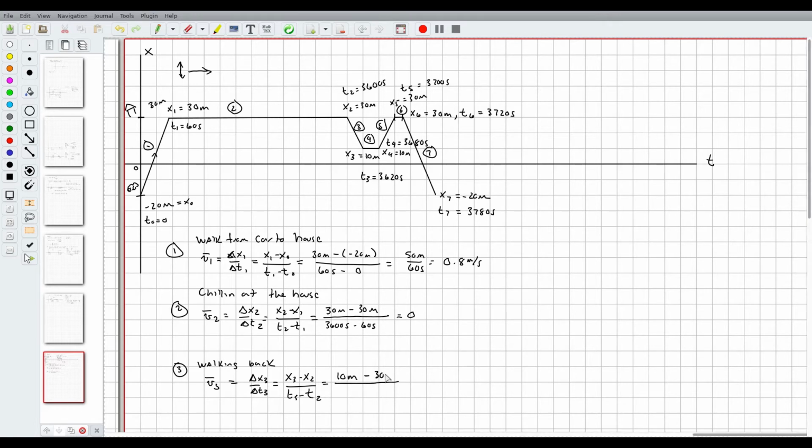That's 30 meters. What's t3? T3 is 3620 seconds. And what's t2? Well, remember, when we left the house, 3600 seconds. So 10 minus 30 is minus 20. 3620 minus 3600 is 20.